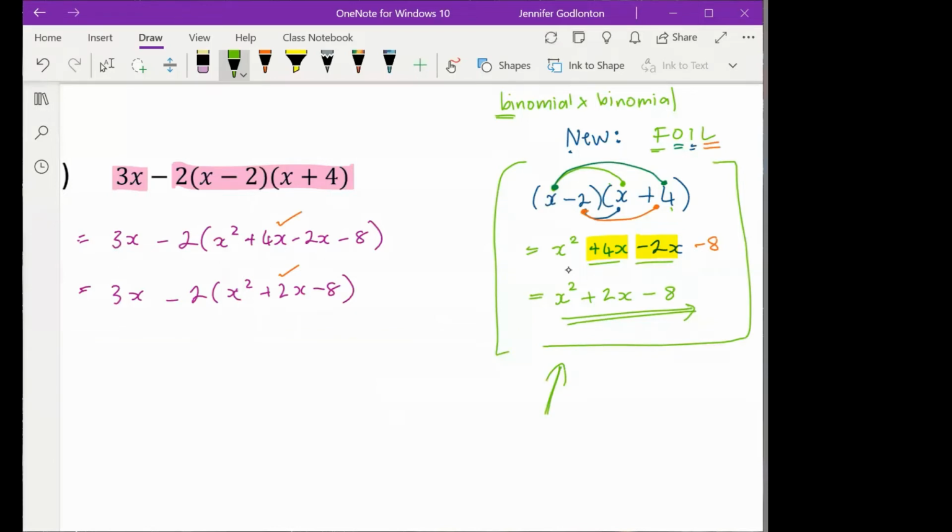Okay, is there anyone who's new, who hasn't done this in class, who is still feeling confused by a binomial times a binomial? Looking at this over here, let me know. Emily, you're still feeling confused? Okay, so those of you who are new, who are feeling confused, don't worry. In every question, I'm going to give you a question on the right-hand side that you can work on if you're feeling lost, and then everyone else can work on the left-hand side.